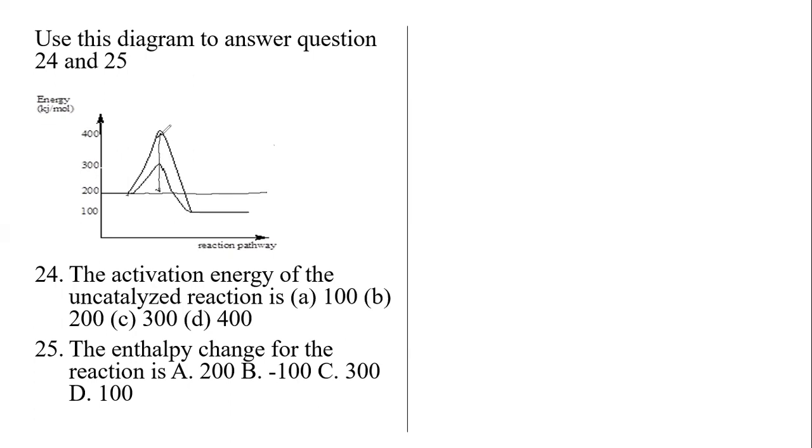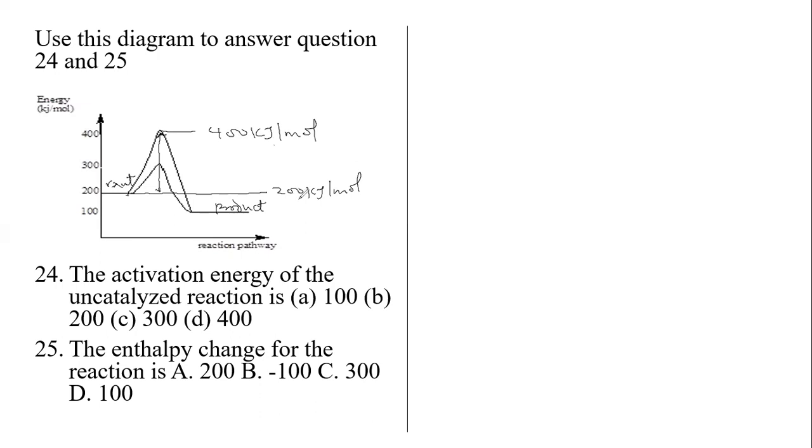In the energy diagram of reactions, this is reactant, this is product. So when you look at the energy of the reactant, it is 200 kilojoule per mole. The energy of the activated complex is 400 kilojoule per mole. So you're going to find the difference between them, that's 400 minus 200.